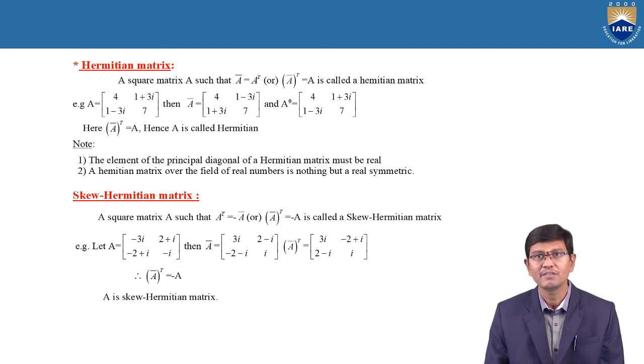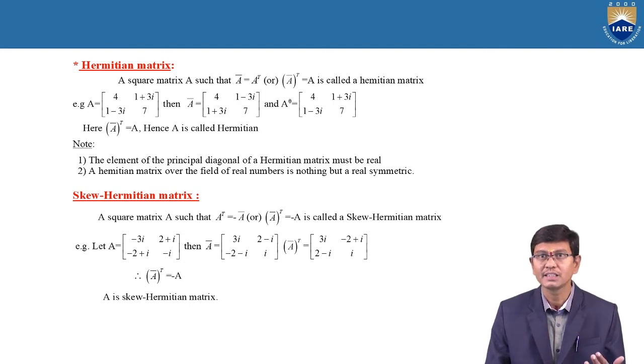For example, consider A with elements 4, 1 plus 3i, 1 minus 3i, 7. By applying the conjugate on the given matrix, A bar is equal to 4, 1 minus 3i, 1 plus 3i, 7.